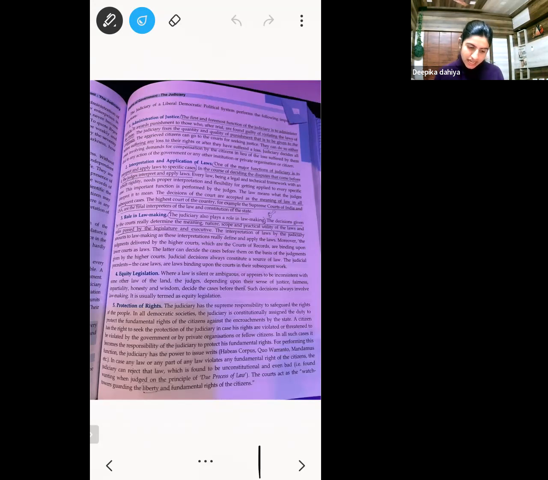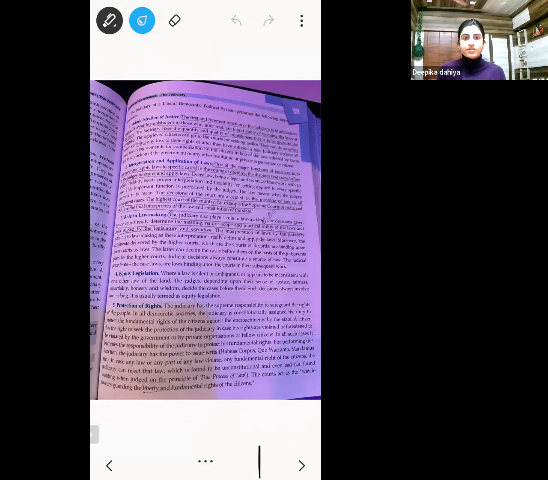The second function is interpretation and application of laws. Judiciary interprets the laws. Are laws that difficult that even the judges and the advocates need to interpret it? As I've told you, there are some rights. In fact, the entire constitution is at times interpreted.